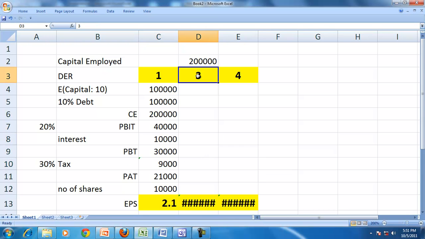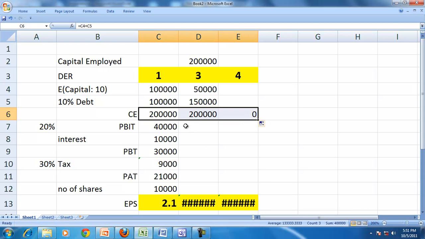So if the debt equity ratio goes up to 3, keeping the capital employed constant, so the equity is 1 and the debt is 3, so 50,000 and 150,000 is the capital employed divided. The PBIT is same, 20%, no change.